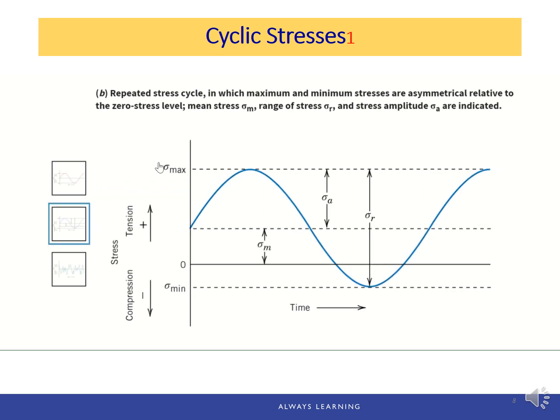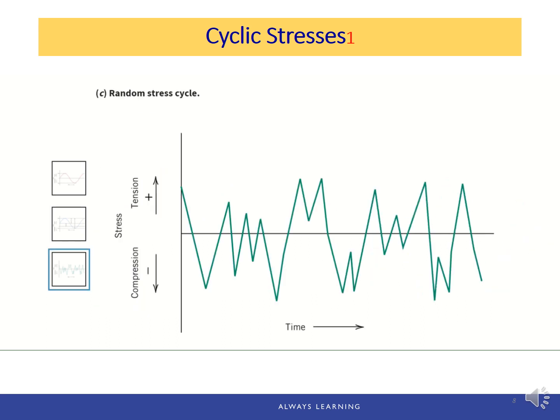For the second one, the repeated stress cycle, the maximum and minimum stresses are asymmetrical relative to the zero stress level. And the random one doesn't really have a pattern, it's just fluctuating. The magnitude and the direction of the stress change randomly with time.